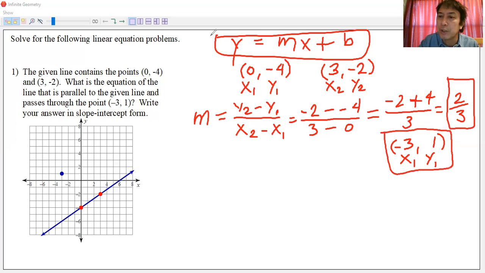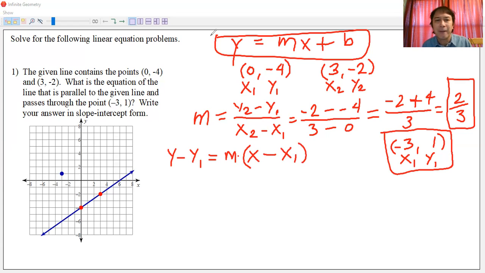The format is y minus y1 equals m times x minus x1.